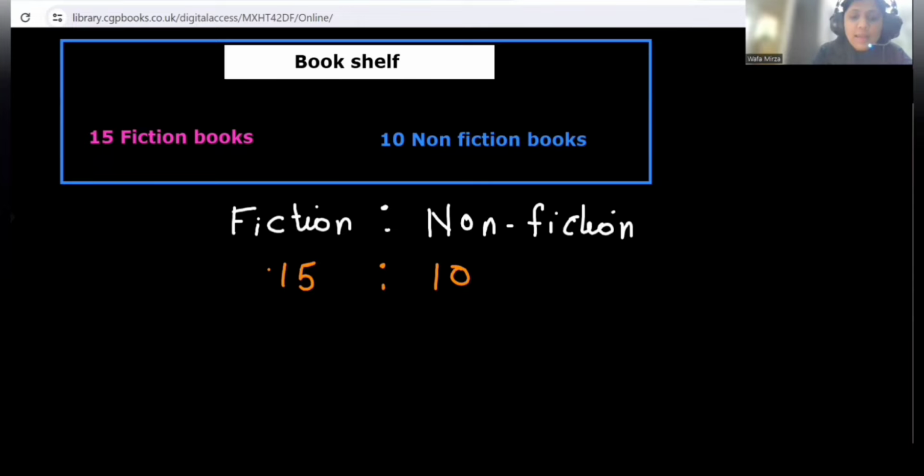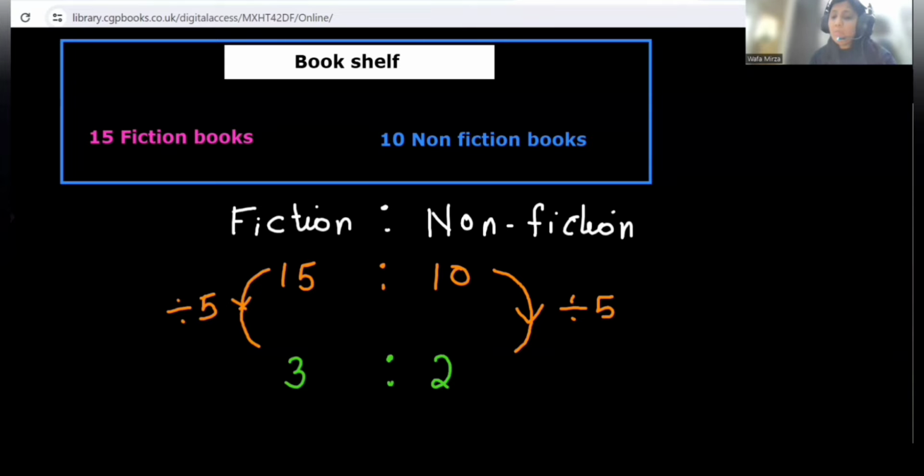So on both sides I will divide by 5. Remember this rule: whatever changes you do on the left side, the same changes you have to do on the right side. 15 divided by 5 is 3 and 10 divided by 5 is 2. So I can say in my shelf, the ratio of fiction to non-fiction books is 3 is to 2.